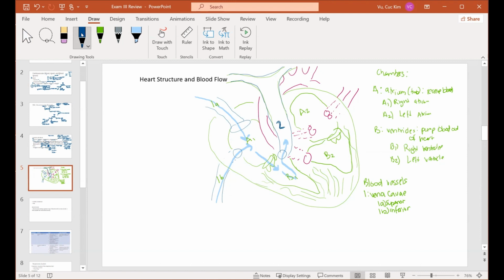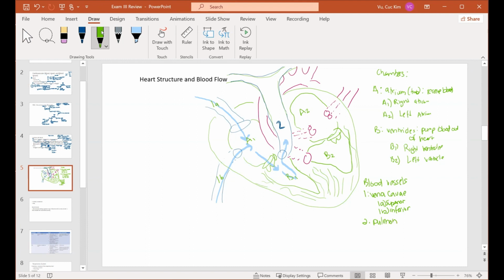And what is number 2? That's correct, the pulmonary trunk.